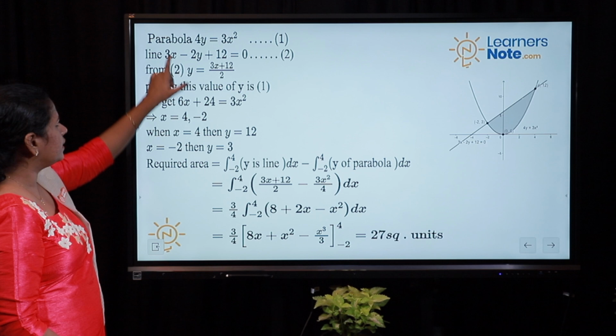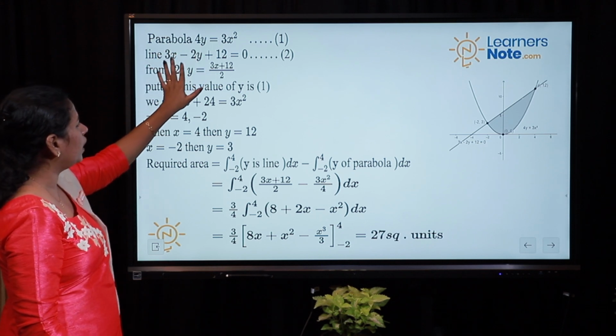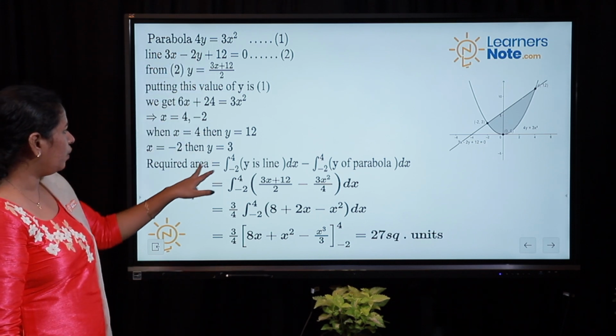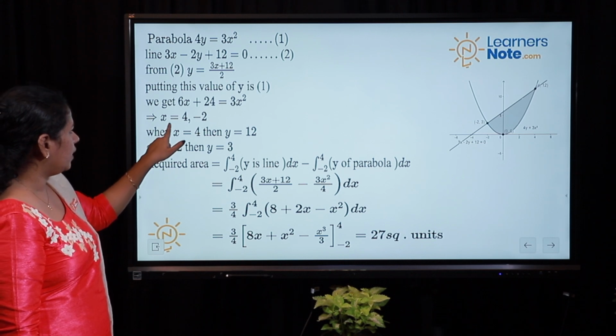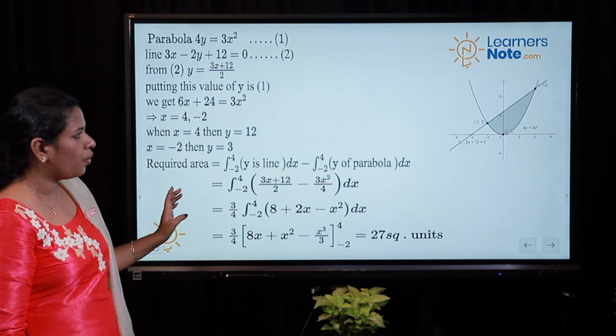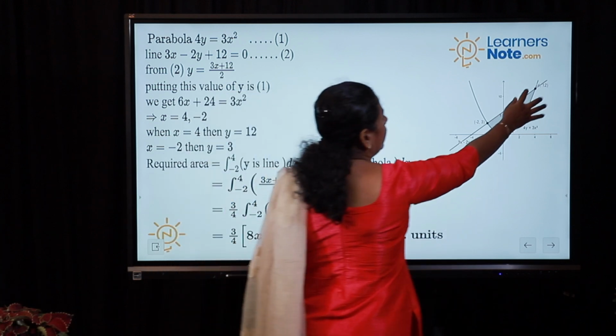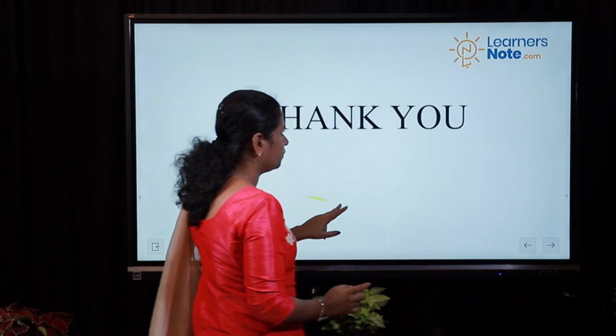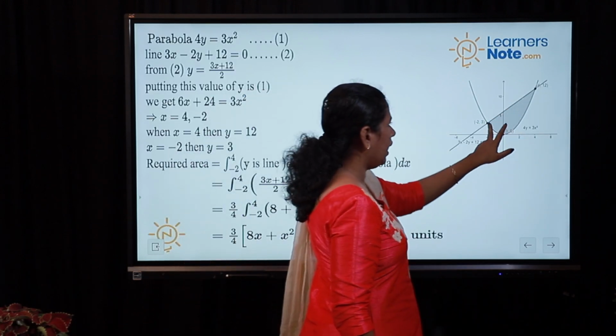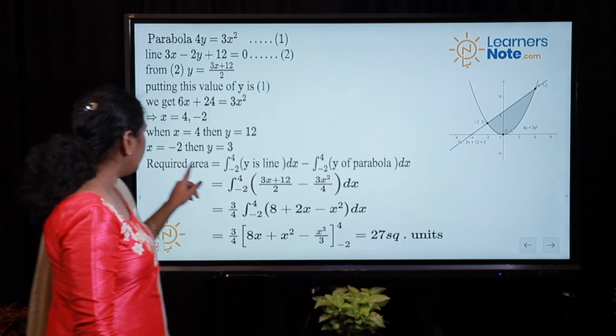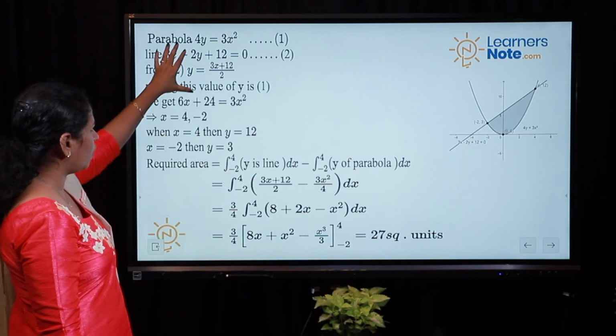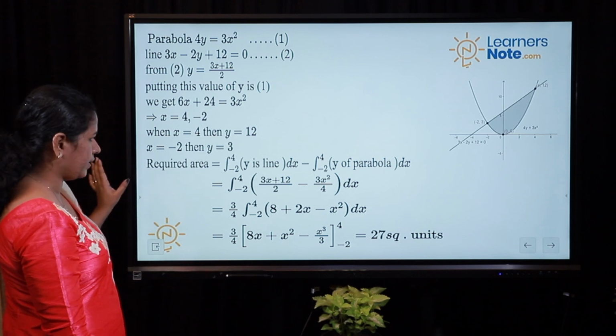So here also I just solved the equation for parabola with the equation of line, and I got the intersecting point as 4, 12. You can see the point here, 4, 12, and this is the second intersecting point, that is -2 and 3. By solving these two equations, you will get the point of intersection.